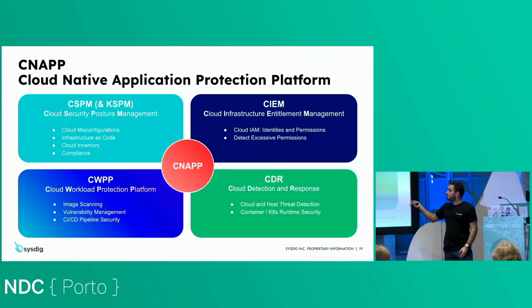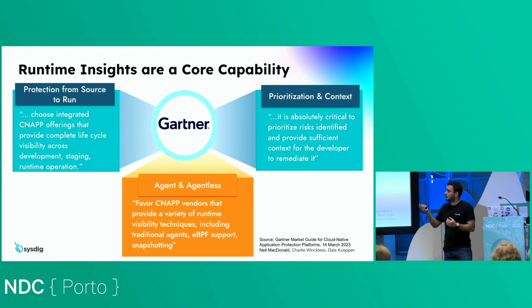And all of those different acronyms are under this CNAPP acronym, right? And the main thing here, Gartner brought that almost a year ago now, actually it was the beginning of the year, that with the headwinds that companies are seeing and the economic crisis that we have, companies are shifting into a single solution that tackles all of those.